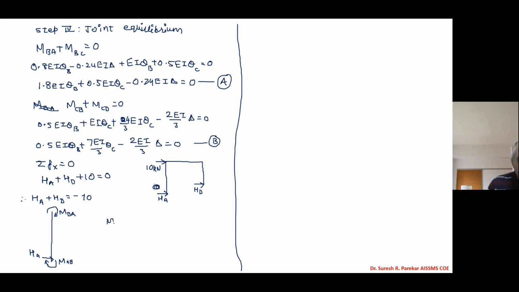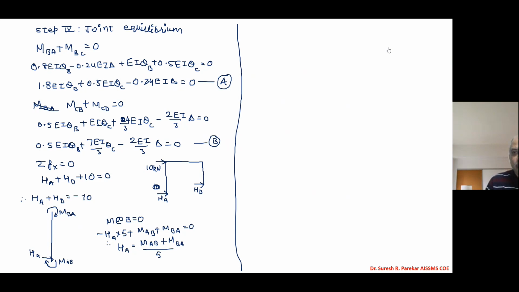If we take moment about B equal to 0, then we have minus HA into 5 plus MAB plus MBA equal to 0. And therefore we will get HA equal to MAB plus MBA upon 5.